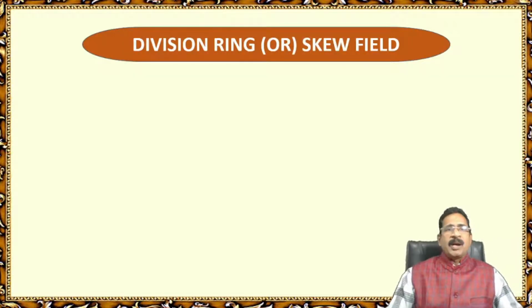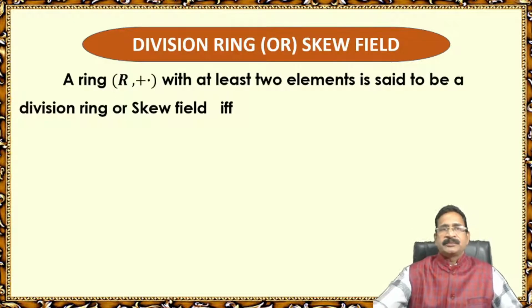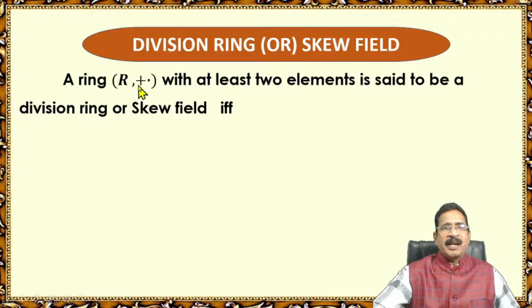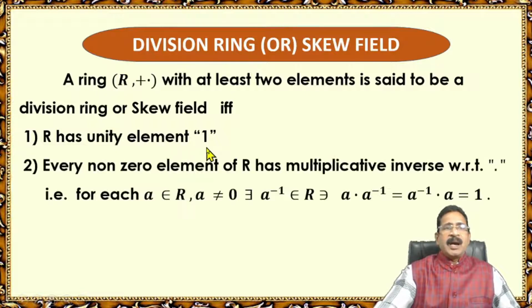Now, I will explain what is a division ring or a skew field. A ring (R, +, ·) with at least two elements is said to be a division ring or skew field if and only if R has a unity 1 and every non-zero element of R has a multiplicative inverse.